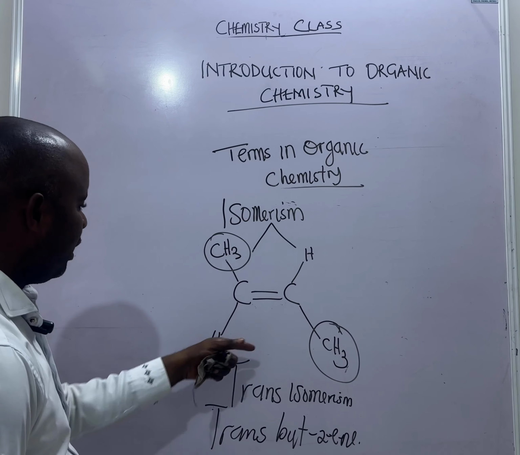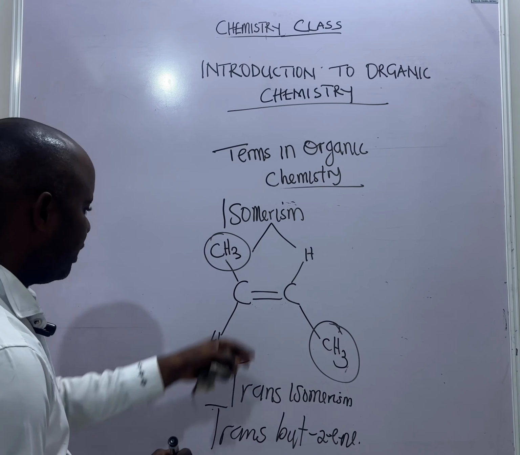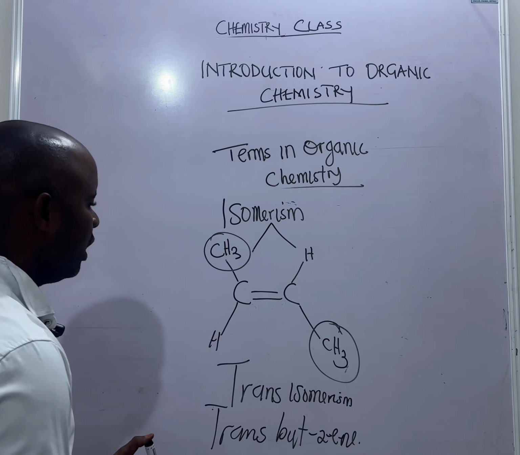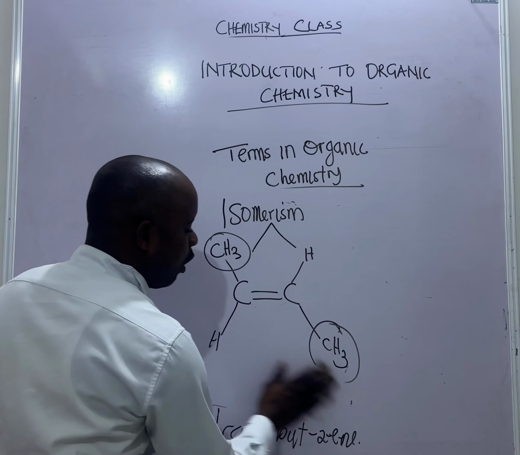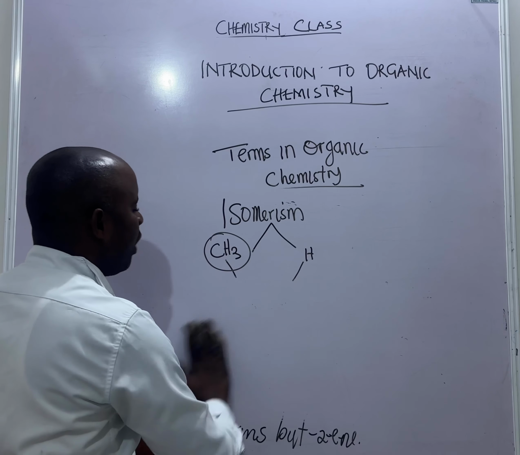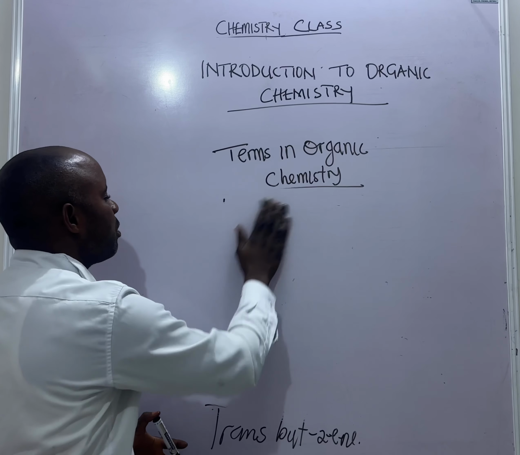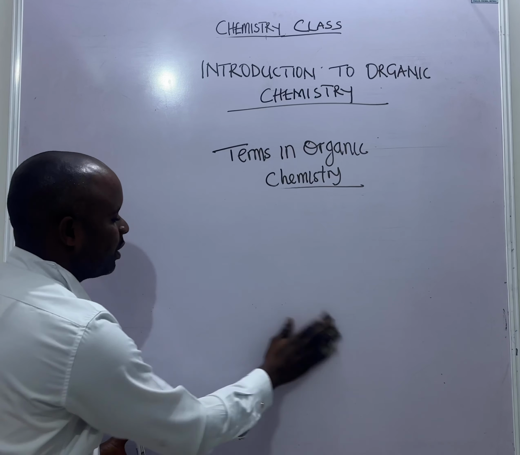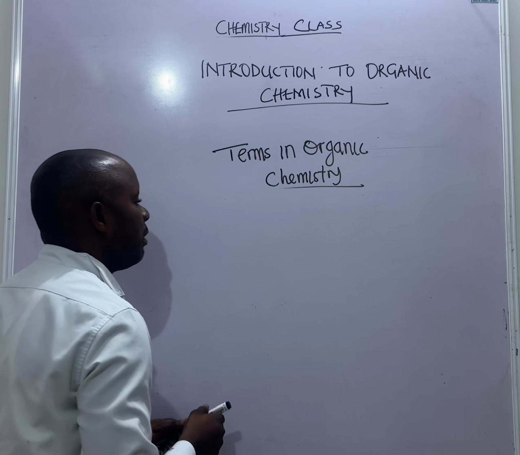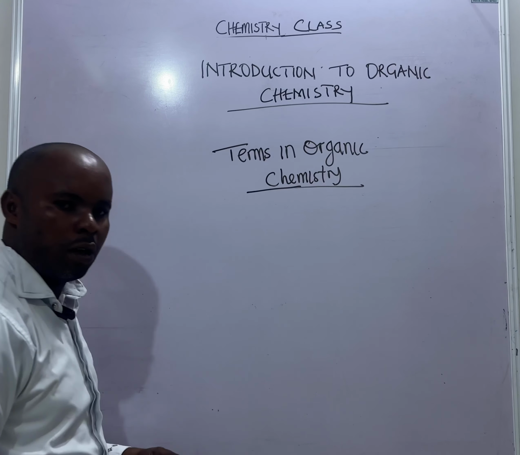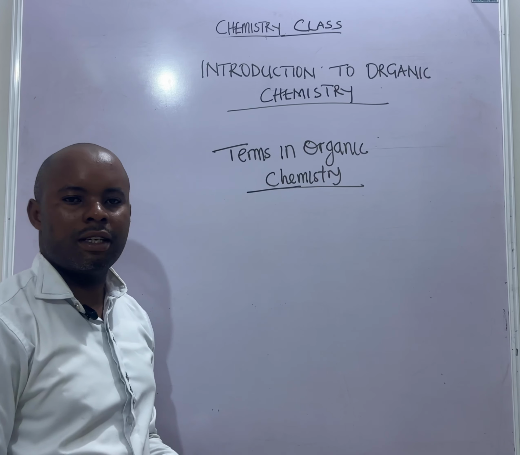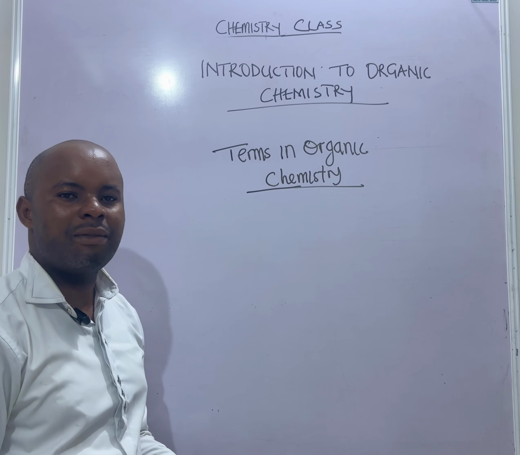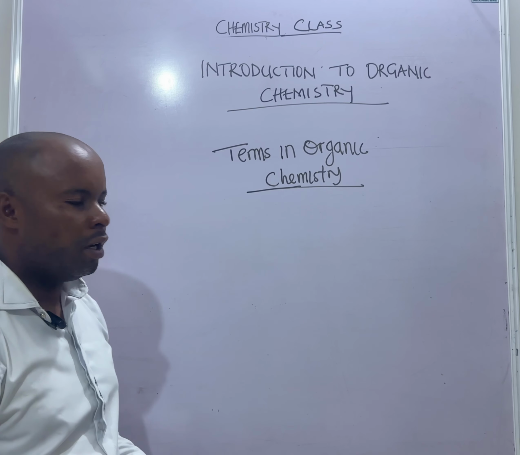So most of the characteristics and physical properties of these compounds can be affected by this configuration as well. Now we are going to talk about optical isomerism. You will learn more about optical isomerism when we are talking about carbohydrates. Optical isomerism is the existence of two or more organic compounds that have the same molecular formula but different optical configuration.